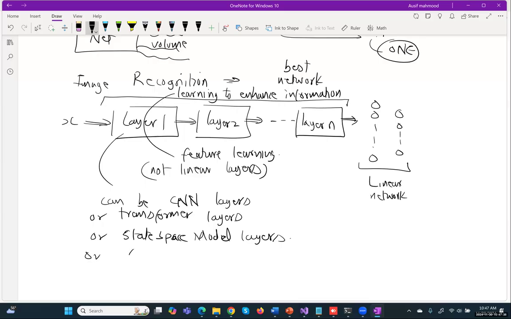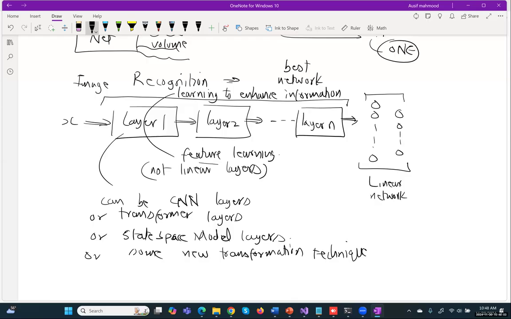Or some new architecture, some new transformation technique, which is basically transforming the data so that once it comes over here, it can do a very good job of separating the data into categories.